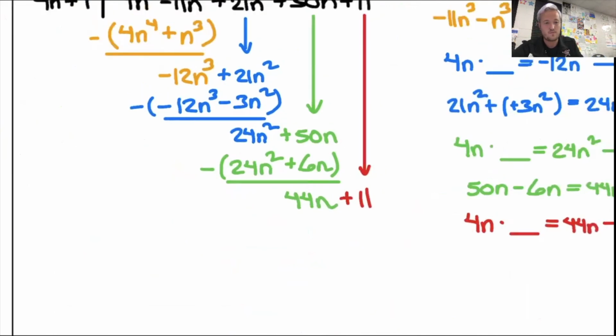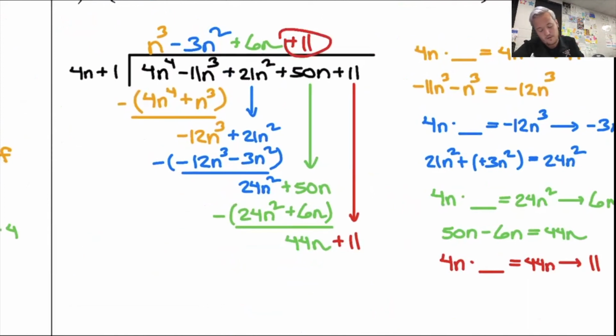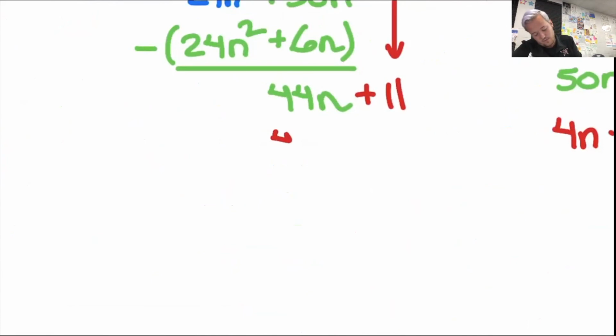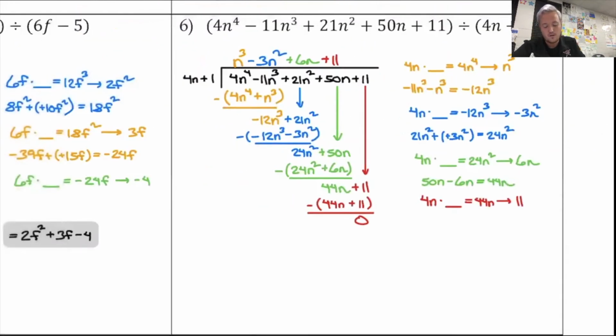So 11 is what I'm going to write across the top. All right, so now I'm going to do 11 times 4n plus 1, which gives me 44n plus 11. I subtract, which means no remainder. The beast has been defeated.